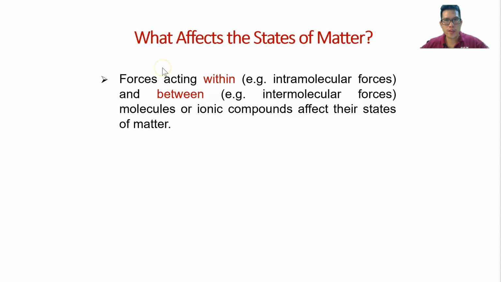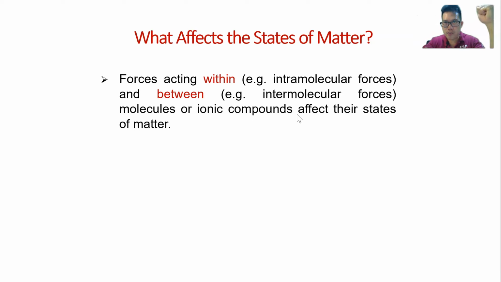What affects the state of matter is the forces acting within, the intramolecular forces, and between, the intermolecular forces, molecules or ionic compounds, affecting their state of matter. But usually it is the intermolecular forces, the force between the molecules, how strong it is. At a fixed temperature, if it's strong, then it's in the solid state. If it's slightly weaker, it's in the liquid state, because they can move around.